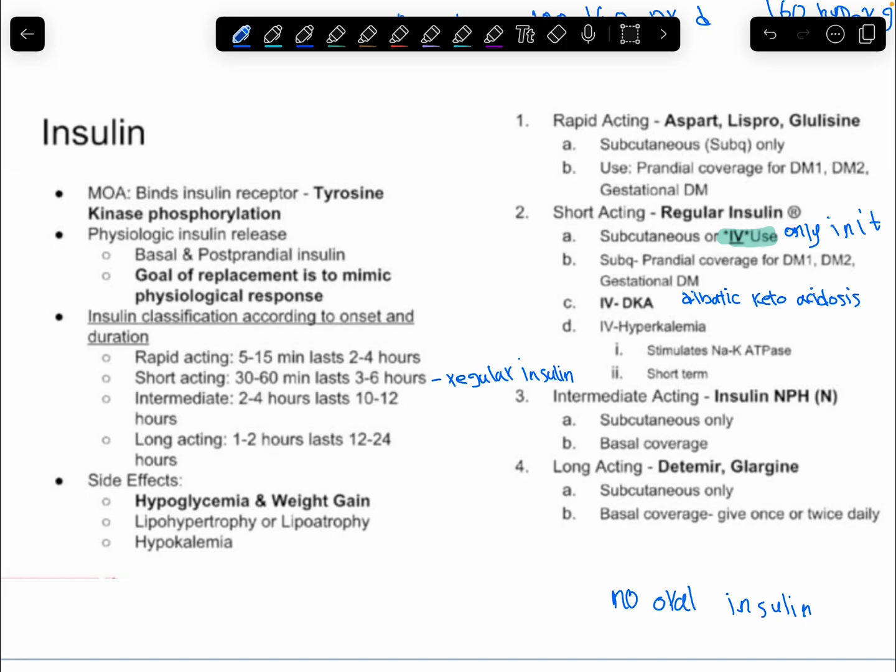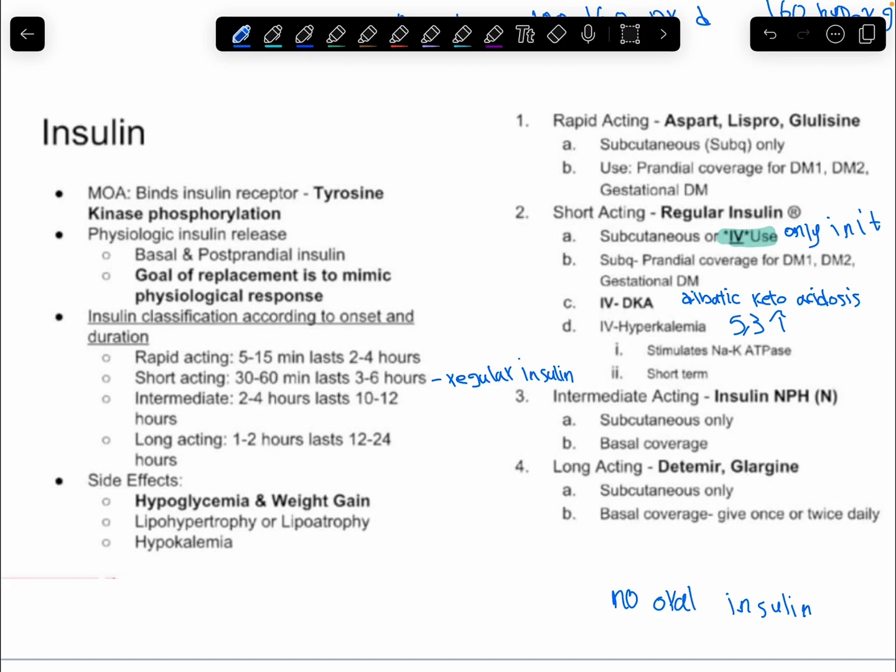Anything more than 5.3 for potassium will be hyperkalemia. Why does it help in hyperkalemia? Because it stimulates the sodium potassium ATPase pump. It reduces the level of potassium. So there are two IV indications.